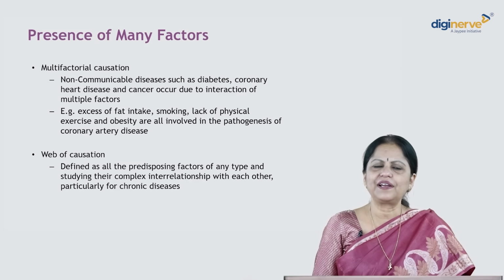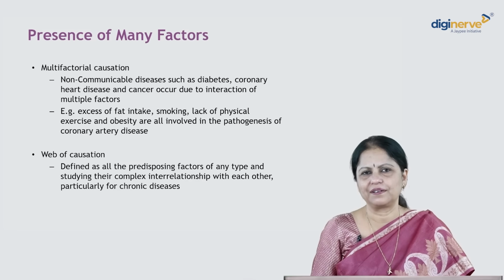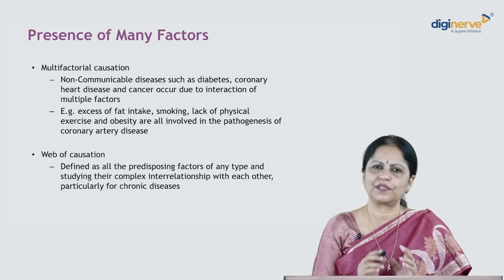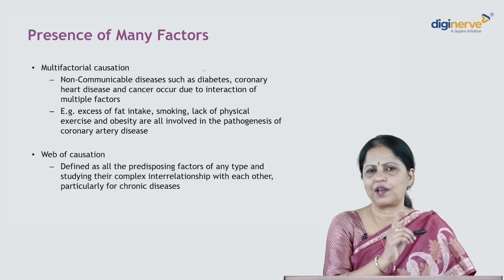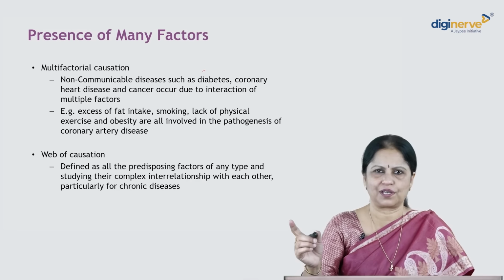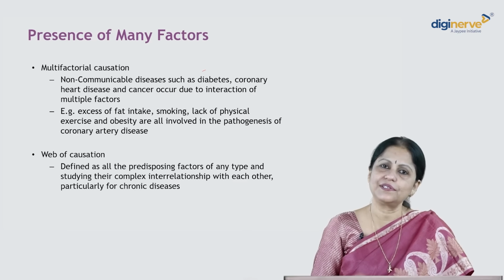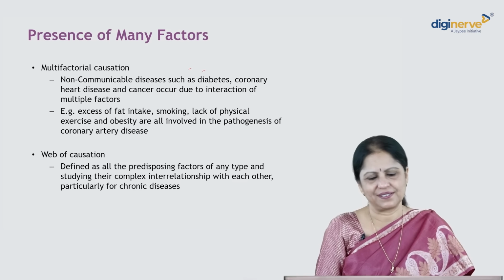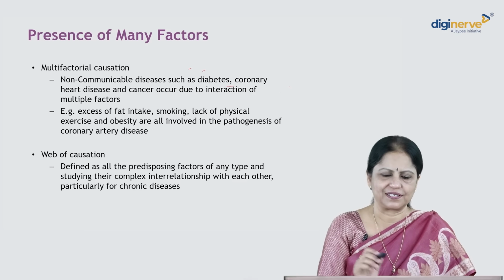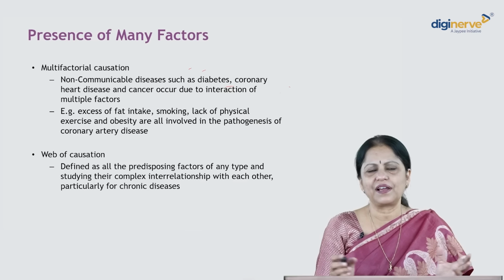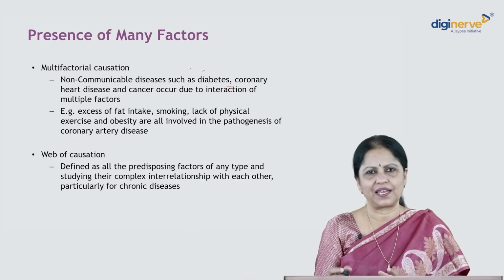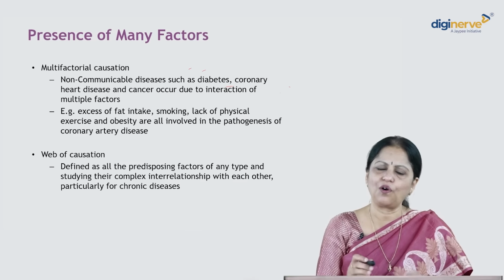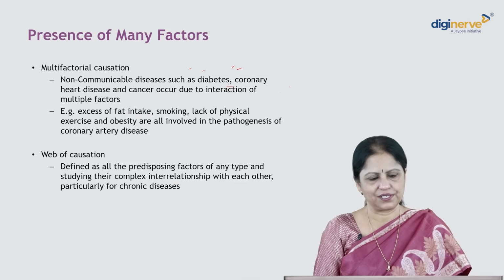Next is multifactorial causation and web of causation. So multifactorial causation means, as I explained earlier, that many factors together are affecting, not only one disease agent and the outcome. There are many factors that influence disease causation. And this is more important in non-communicable diseases like diabetes, coronary heart disease, etc. So here many factors like unhealthy diet, physical inactivity, substance abuse, etc. all influence disease causation.